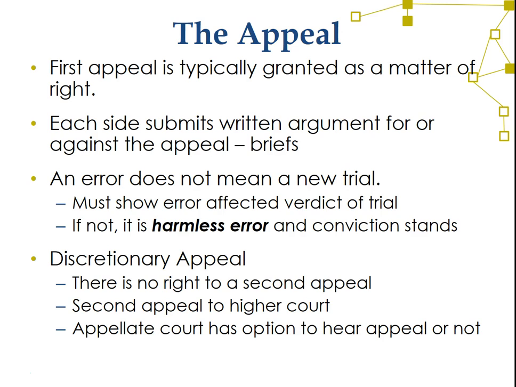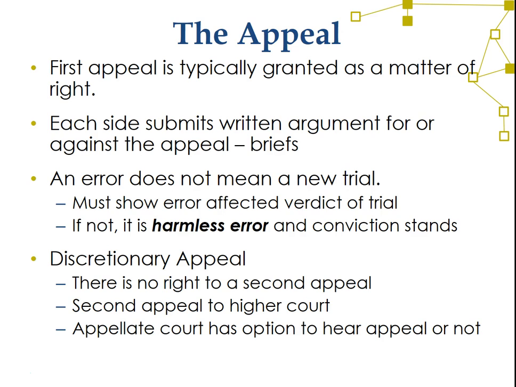So what about the appeal? Well, the first appeal, again, is typically granted as a matter of right. And each side submits a written argument for or against the appeal, and those are referred to as briefs.